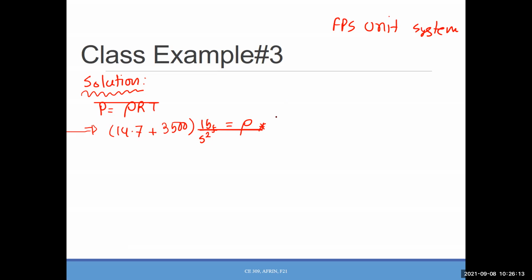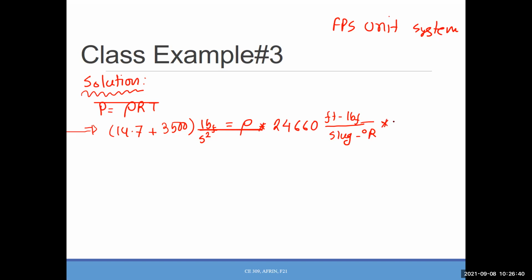What is the R value here? 24660, right? And the unit is feet pound per slug degree Rankine.